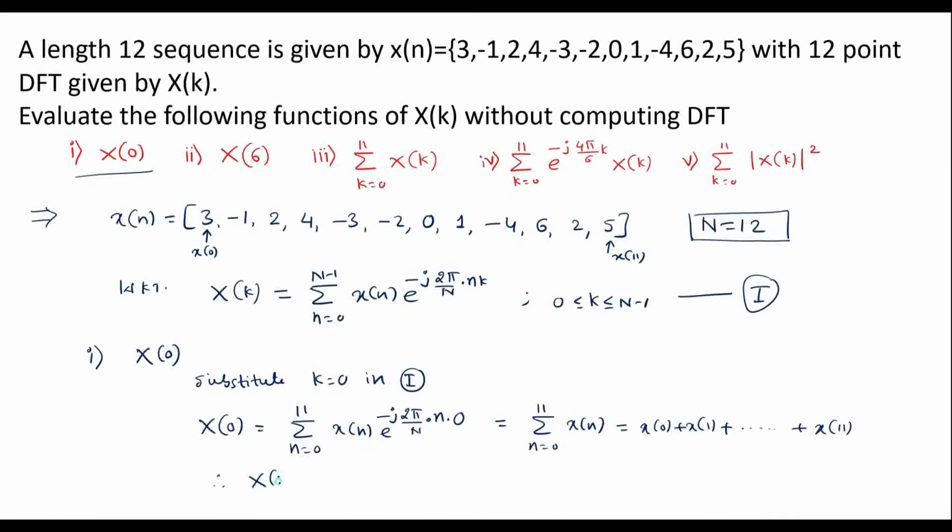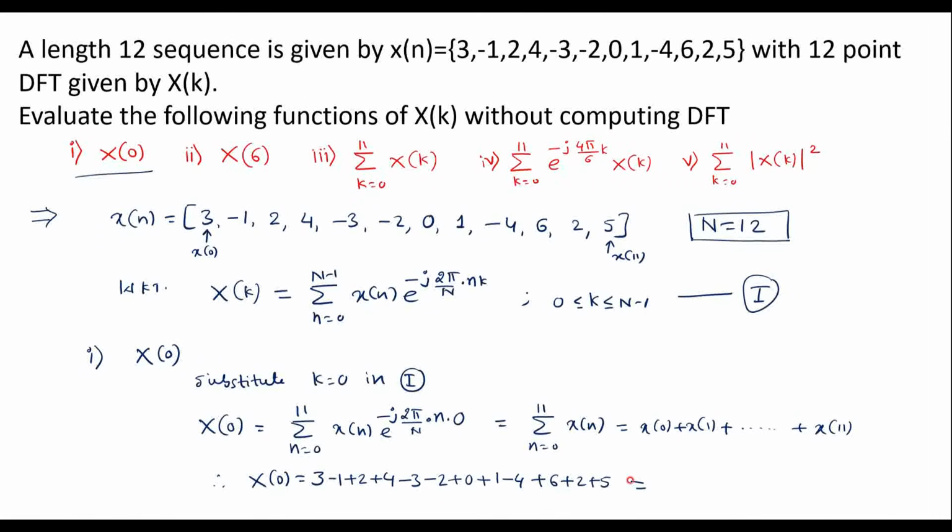Therefore X of 0 is equal to 3, we'll add all these samples, minus 1 plus 2 plus 4 minus 3 minus 2 plus 0 plus 1 minus 4 plus 6 plus 2 plus 5.